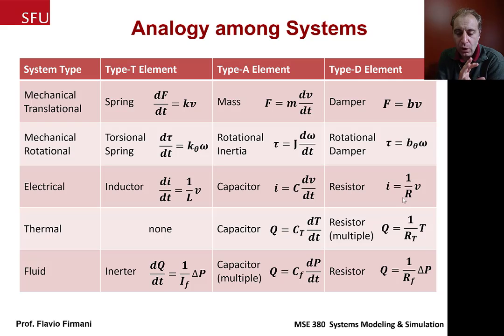So for linear models, so far we have considered that the elements can be modeled with linear equations, and we're going to see later on that we can change that and change how these coefficients are derived.